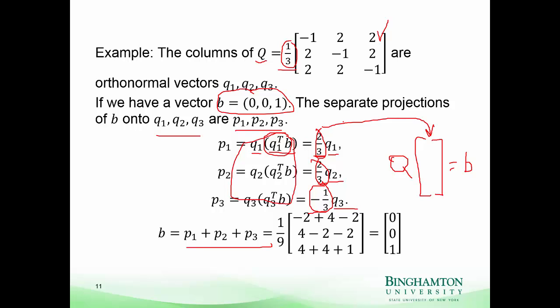And so numerically it evaluates to all this, and then you add all that up, and wow, you get back B. So that's the mechanism of it.